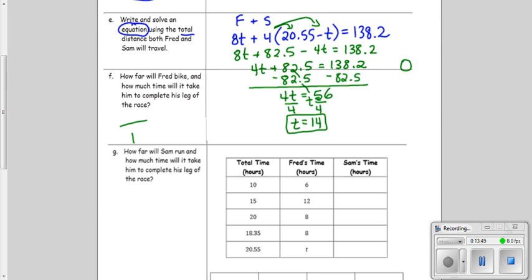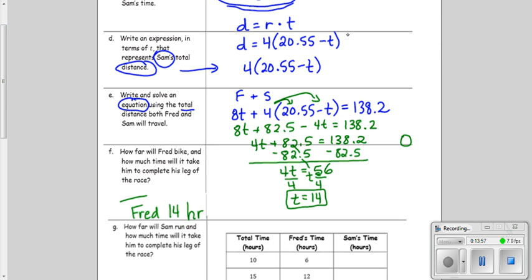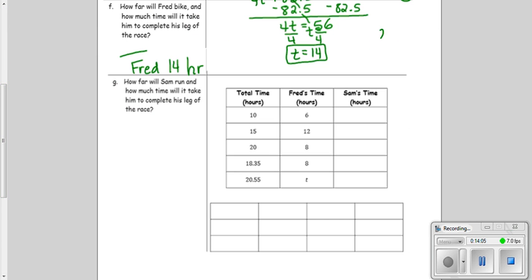So we have Fred's time as 14 hours, and we know from above that Sam's time is 20.55 minus t. So we'll subtract 14 hours from 20.55. So Fred's time is 14 hours, and Sam's time is 6.55 hours. And that total is the 20.55 hours.